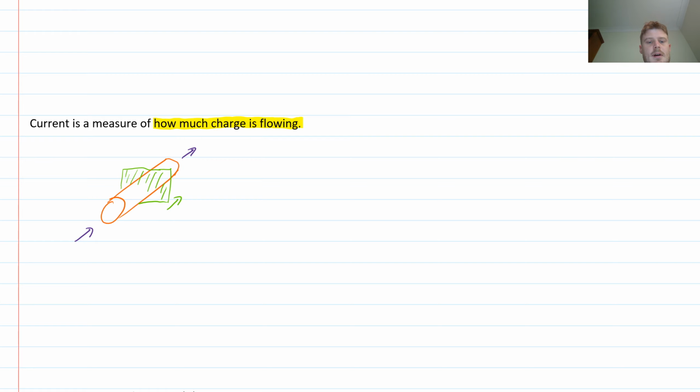So current is measured in amps. We use the letter A for amps. Current is measured in amps.